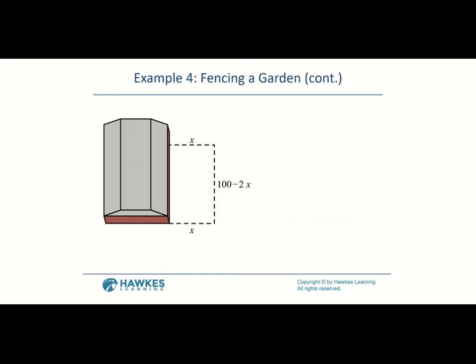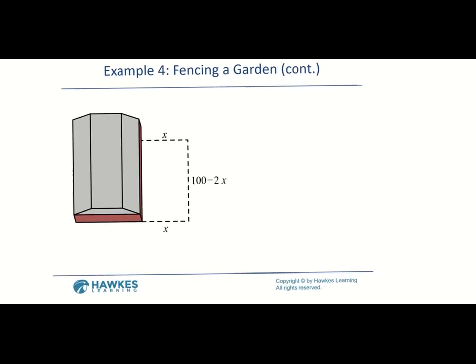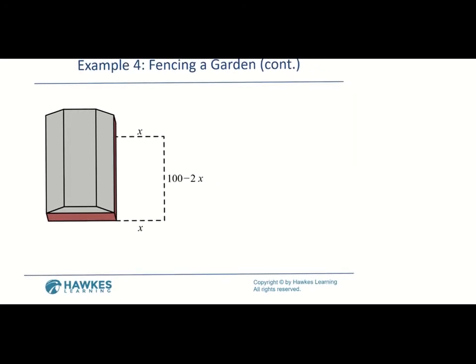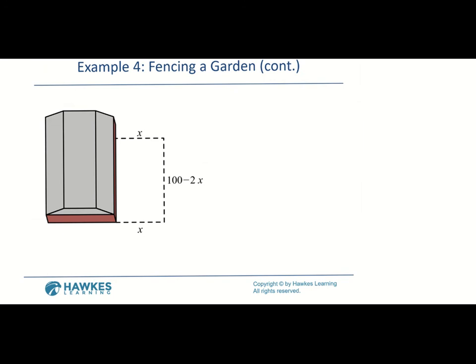All right, here we have a much better picture of the fence for you to look at. And we found, again, that our equation was area is equal to 100x minus 2x squared.